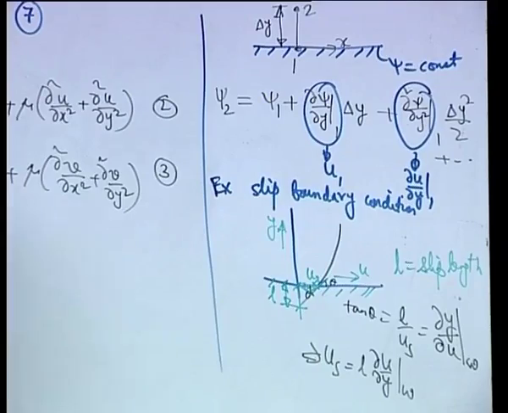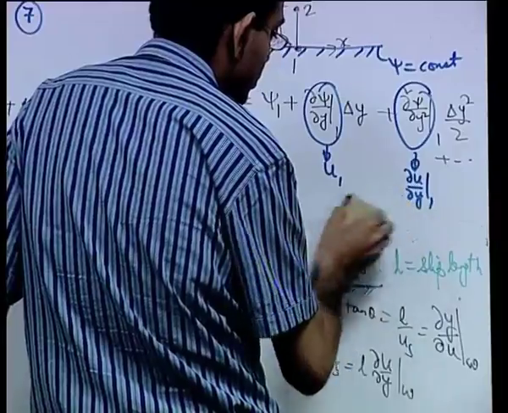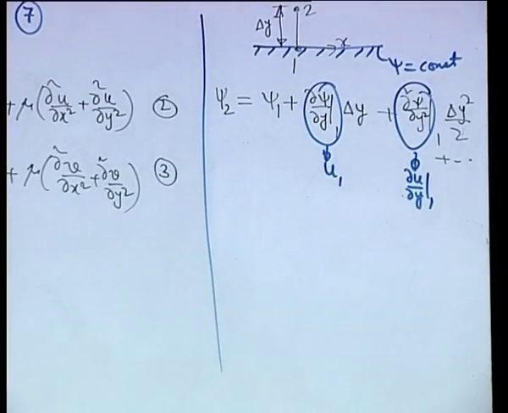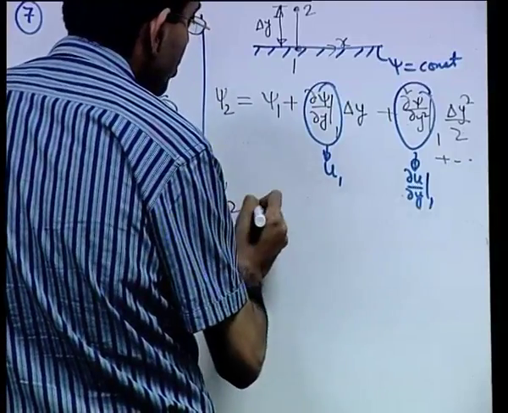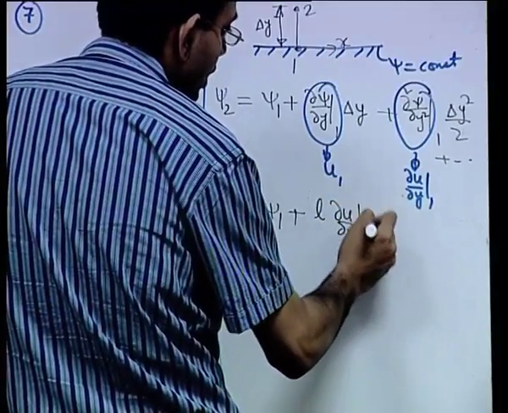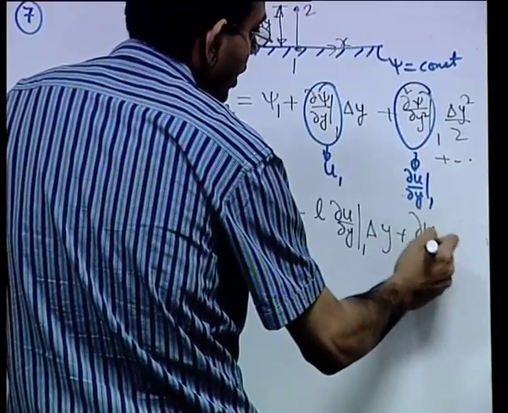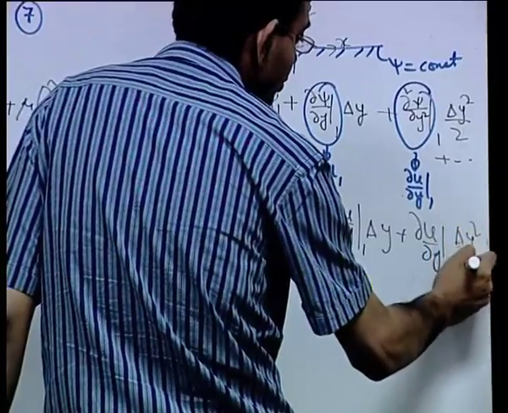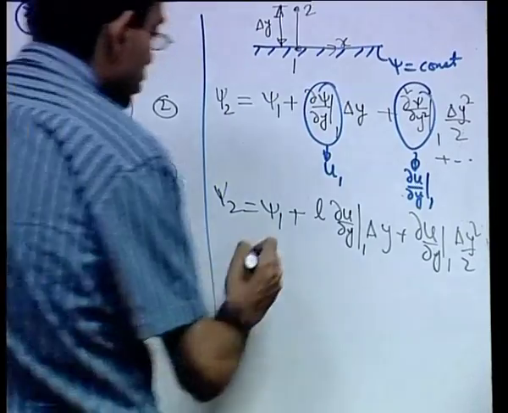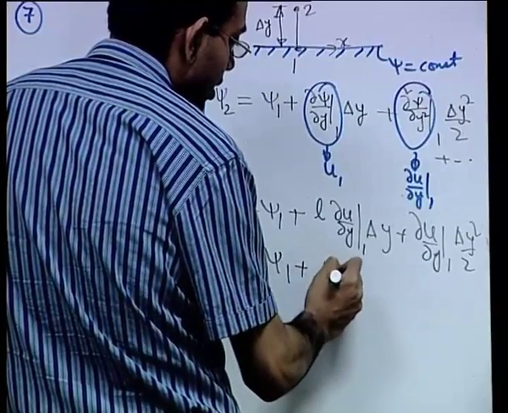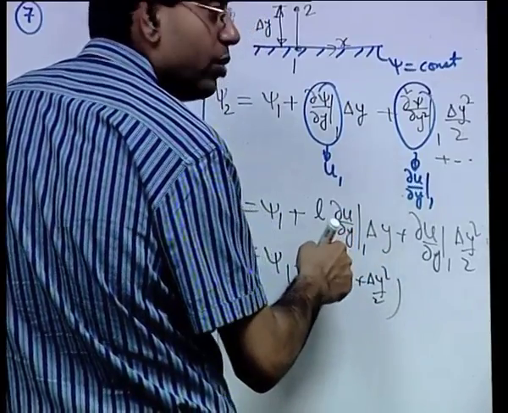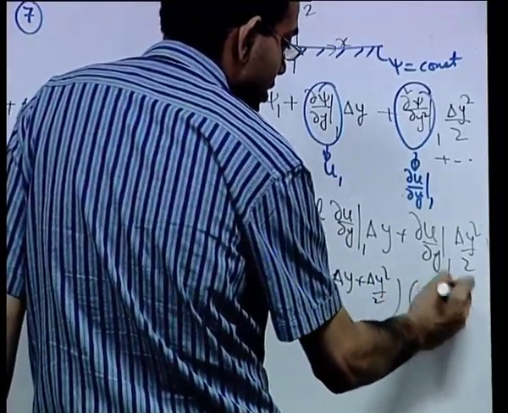So, psi 2 will be equal to psi 1 plus L du dy at 1 into delta y plus du dy at 1 into delta y square by 2 and the error terms. So, it is equal to psi 1 plus L delta y plus delta y square by 2 into du dy at 1, which is equal to minus zeta at 1.